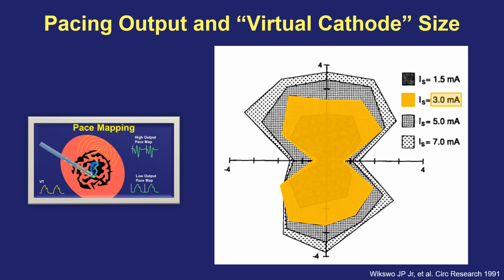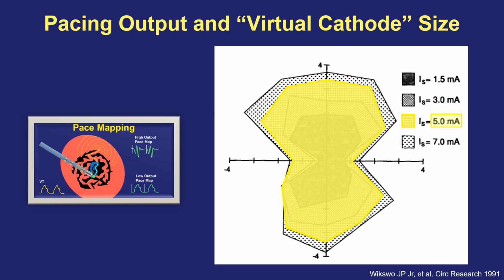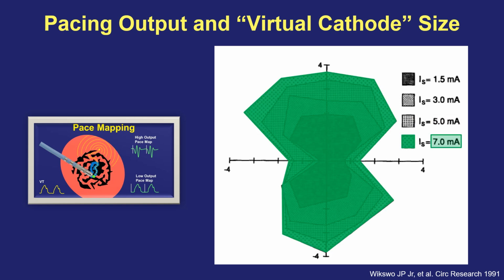And if they further increased the output to 5 milliamps, it was even a larger instant area, and at 7 milliamps, an even larger area. And this is all instantly captured simultaneous with the pacing artifact itself. And then the wavefront would propagate out in all directions from the outer edge of all of this instantly captured myocardium. Again, at this lower output, you would have traveled out from the outer edge of that smaller area.